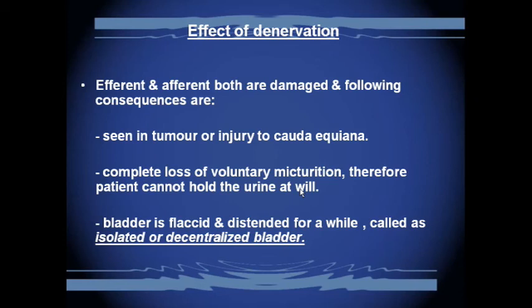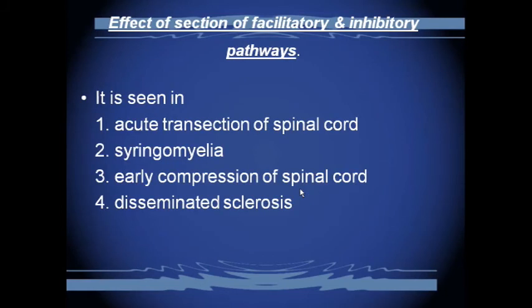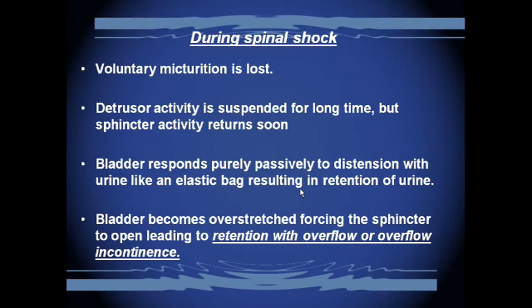The patient will have no sensation. If the micturition reflex gets initiated, urine will automatically start flowing. He will not have any voluntary control over that. So where can it happen? Conditions like syringomyelia, compression of the spinal cord, transection of the spinal cord, and disseminated sclerosis will have these kinds of presentations.